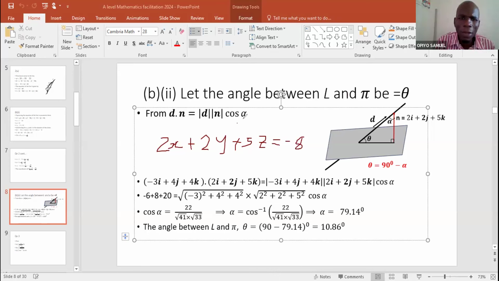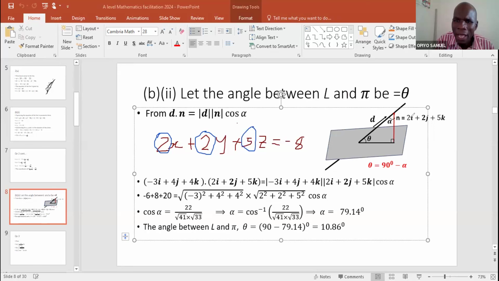From the equation of the plane, we want to get a vector which is normal to the plane. So the normal vector to the plane is simply got by extracting the coefficients of x, y, and z. Here the coefficient of x is 2. When you extract these, you write them in vector form.